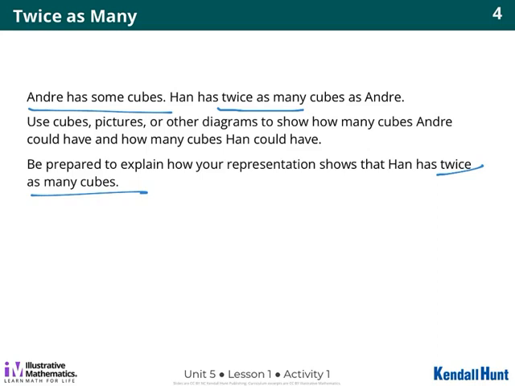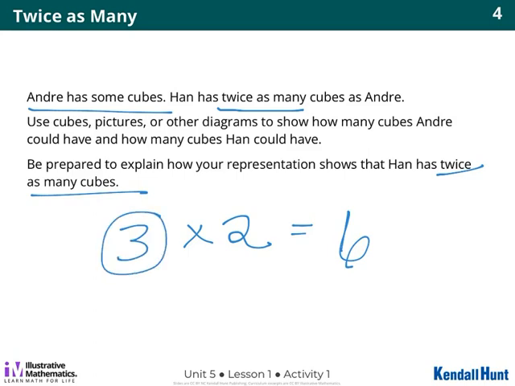Okay, so if Han has 6 cubes, and that is twice as many, what number times 2 is 6, everybody? 3. So then Andre could have 3 cubes. So if we're thinking twice as many, what is another possibility?